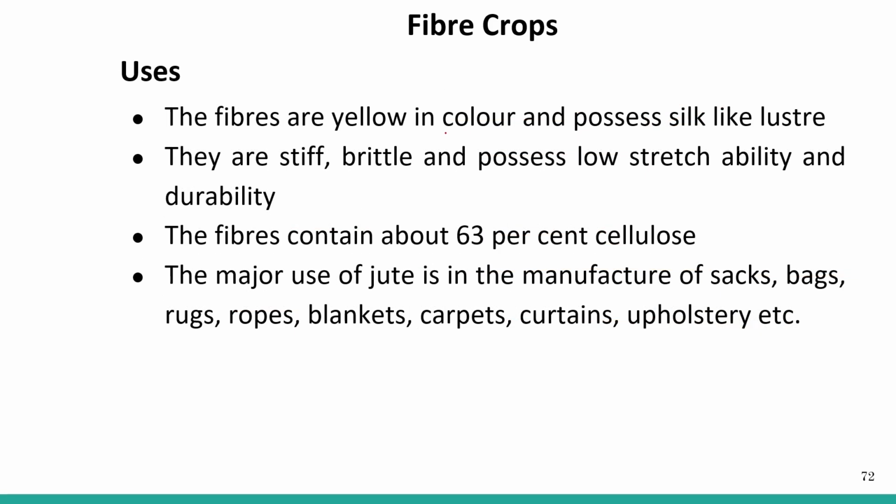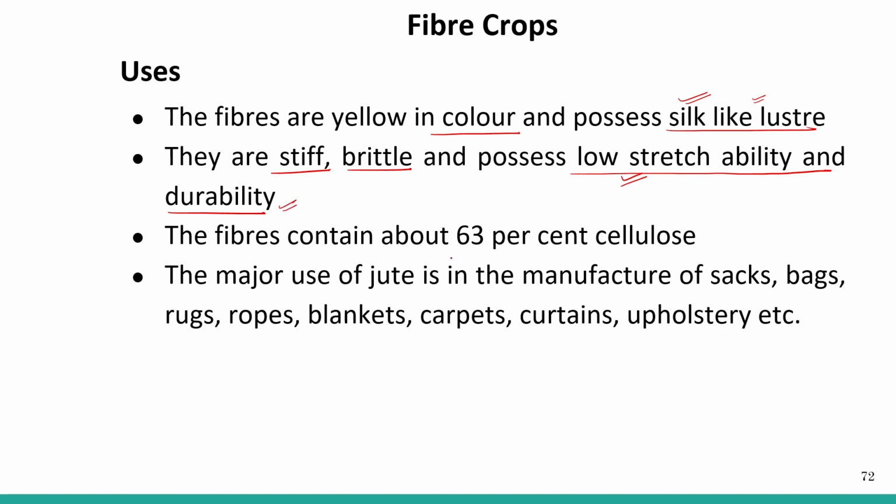The fibers are yellow in color and possess a silk-like luster. So it is very smooth, with silk-like luster, and they are stiff, brittle and possess low stretchability and durability. They are not so stretchable, and not quite durable.